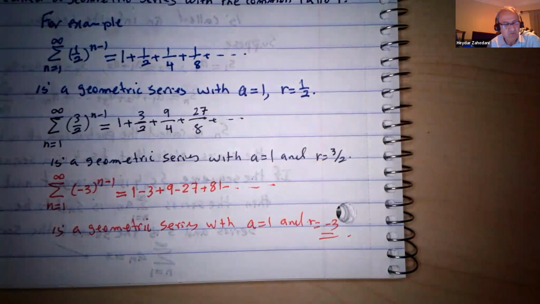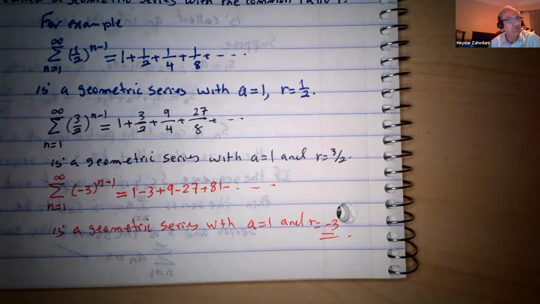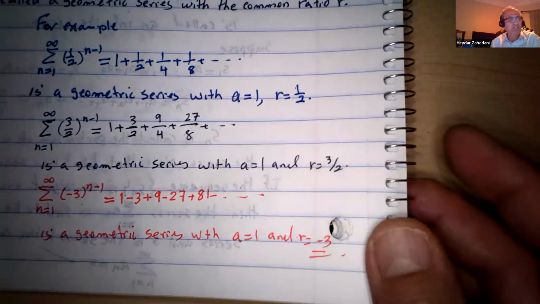Let's try it to see what the case is for this geometric series. I'm going to prove a theorem for you, then you can use that theorem anytime you like. So let's continue.